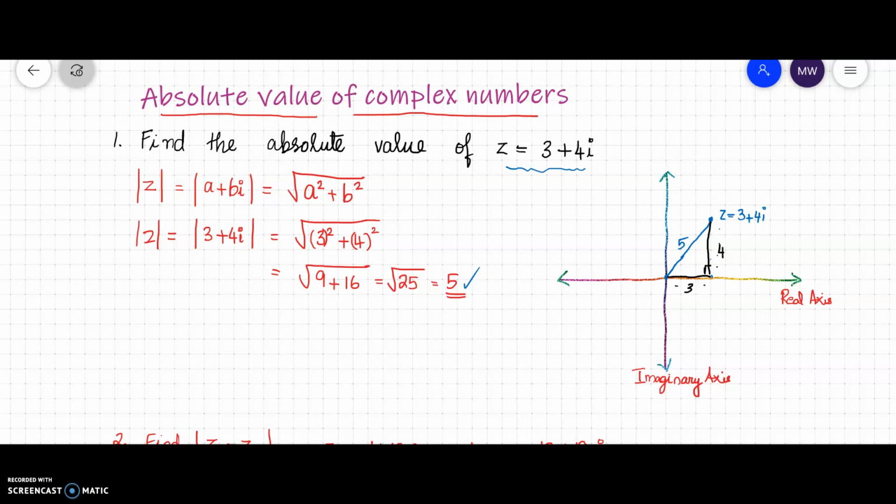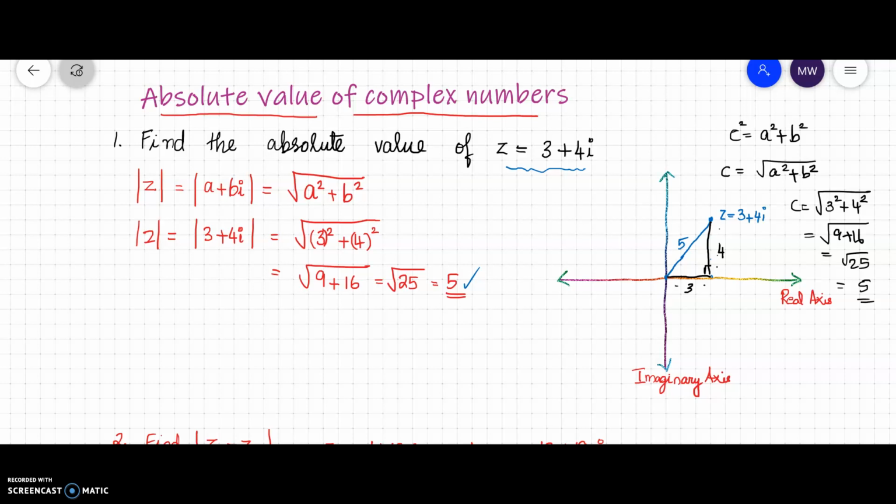We know that c squared is equal to a squared plus b squared, so c is the square root of a squared plus b squared. The legs of the right triangle are 3 and 4, so c is the square root of 3 squared plus 4 squared, which is 9 plus 16, which gives you 25. The square root of 25 is just 5. So you get the same answer with the Pythagorean formula.